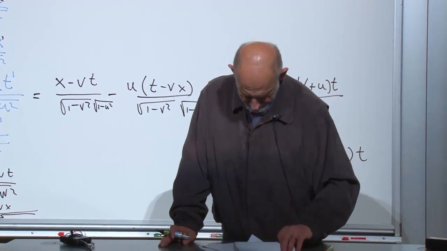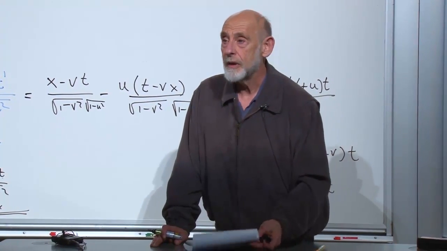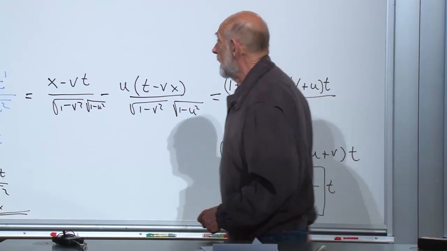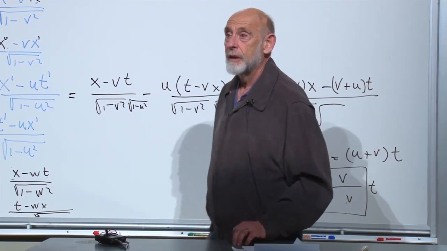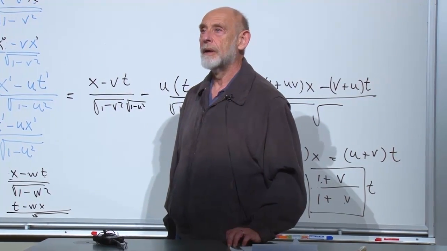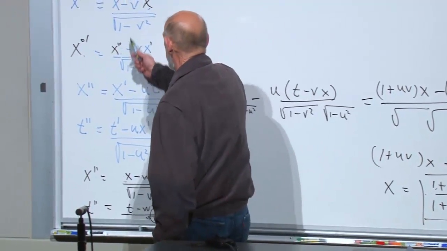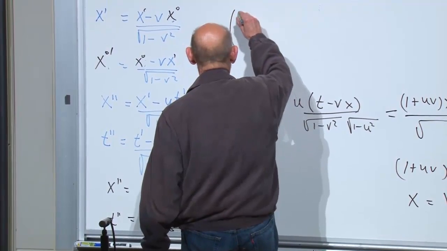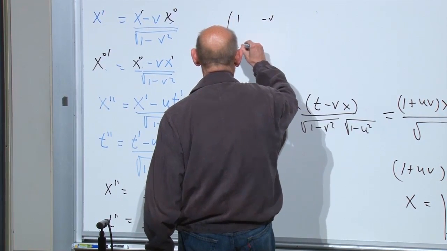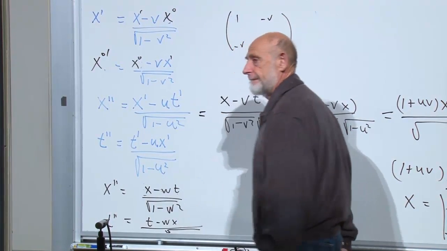So they transform linearly? Yes, they transform linearly. Such that you'd set them up and operate on them with a matrix? Absolutely. You can read off from here a matrix. The matrix would be 1, minus v, minus v, 1.